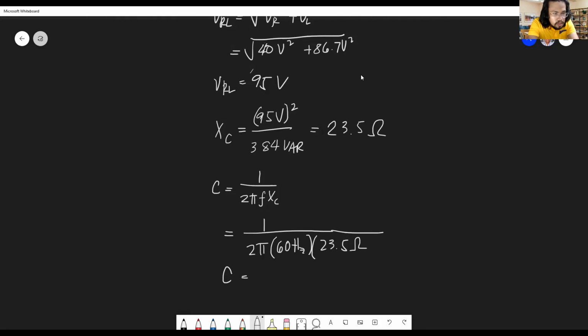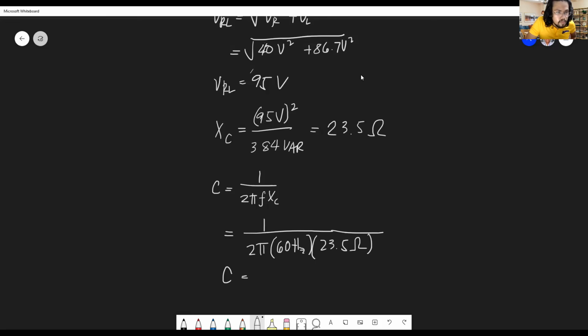Sorry, apologies, 23.5 is the value of the reactance of the capacitor. So 1 divided by 2 divided by pi, divided by 60, divided by 23.5, and we get 1.12.